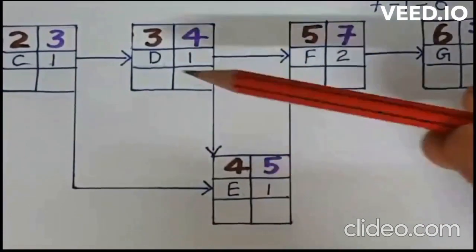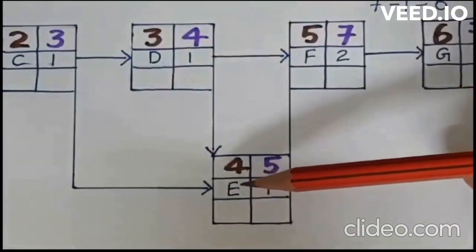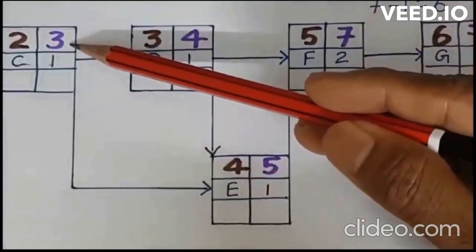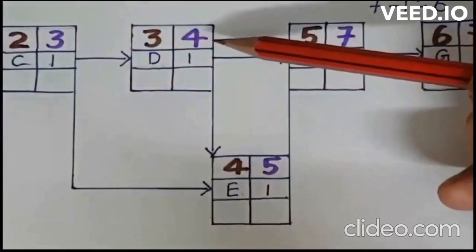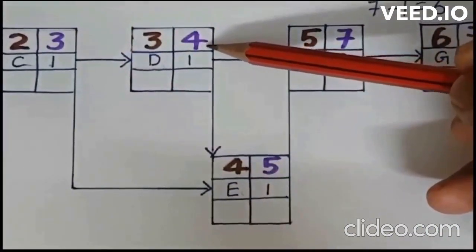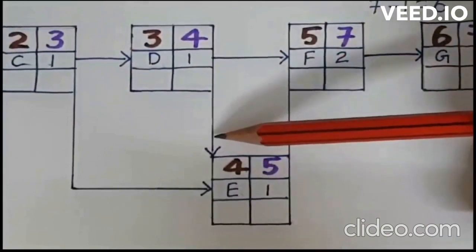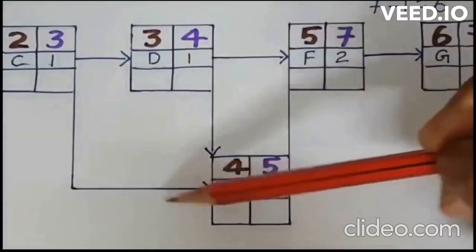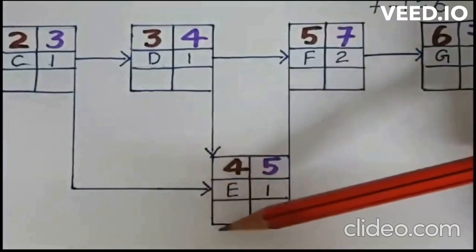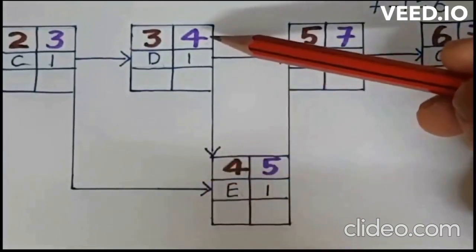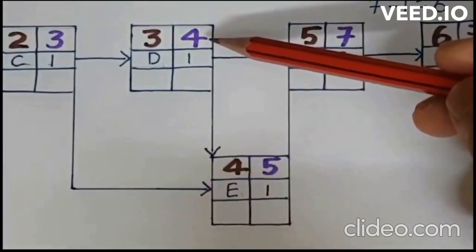Now, moving in the forward pass, the earliest finish time of activity C is 3 and the earliest finish time for activity D is 4. Always in a forward pass, when two activities are converging in a node, we have to take the maximum value, right?